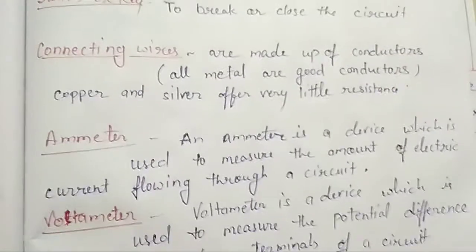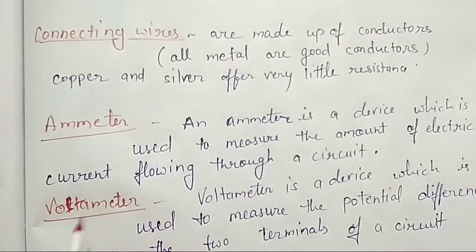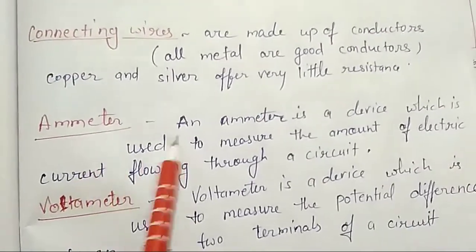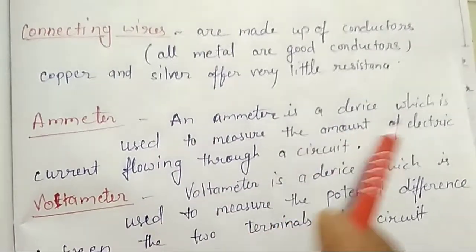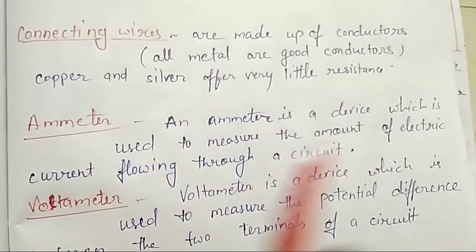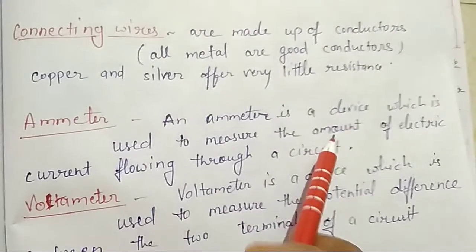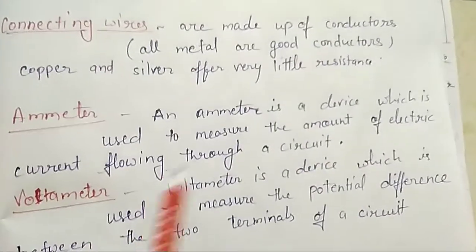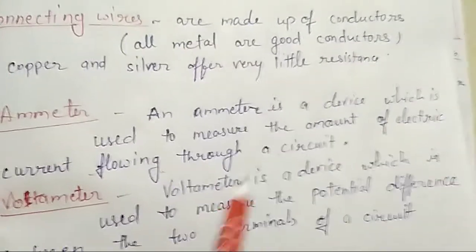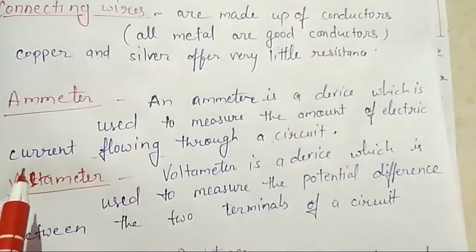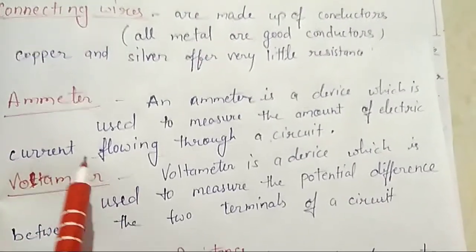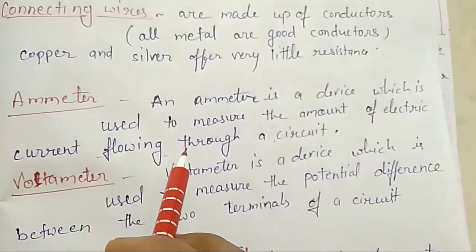Next you can see the ammeter and voltmeter. An ammeter is a device which is used to measure the amount of electric current flowing through a circuit. It is placed into the circuit to measure the amount of electric current.